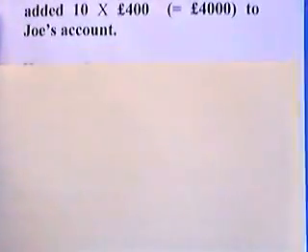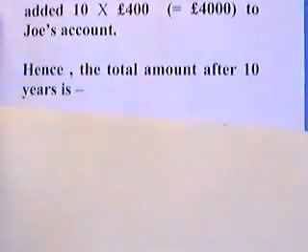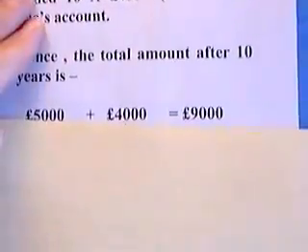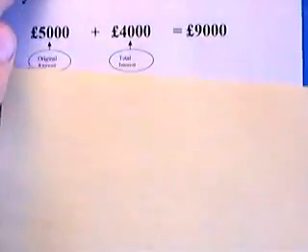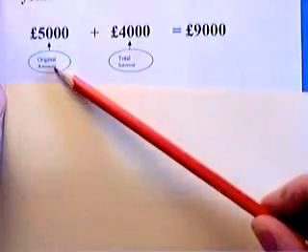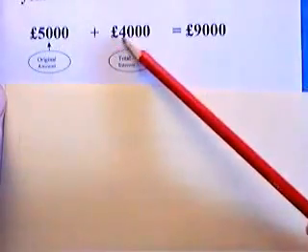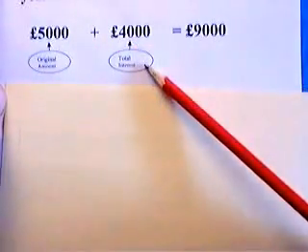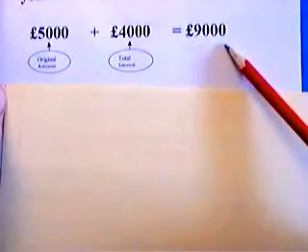Well, if it's added on £4,000 to his account, then the total amount after 10 years must be this little easy sum here: £5,000, which is the original amount, add the total interest after 10 years, so he has in his account £9,000.